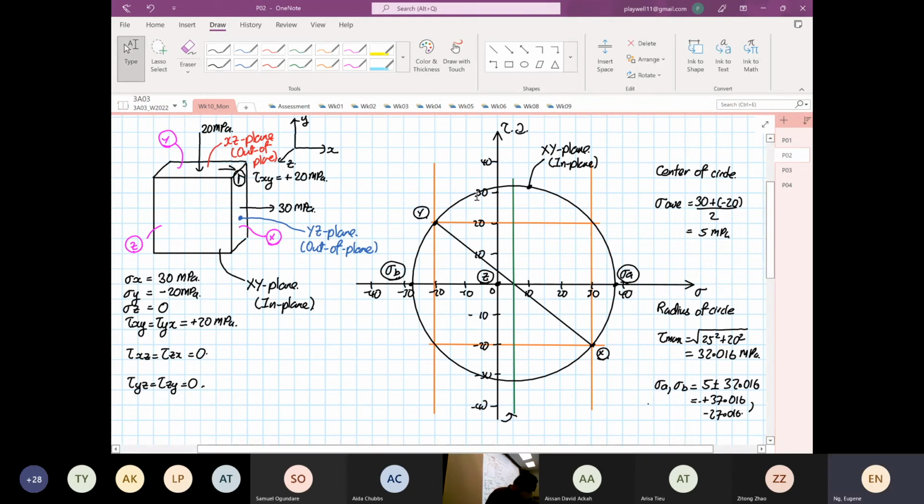So I'm going to draw our next circle. The next circle will be from here to here.